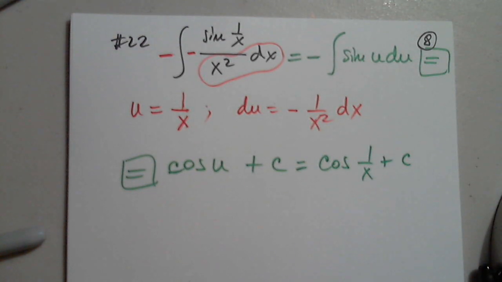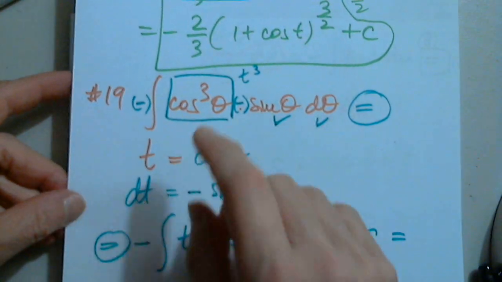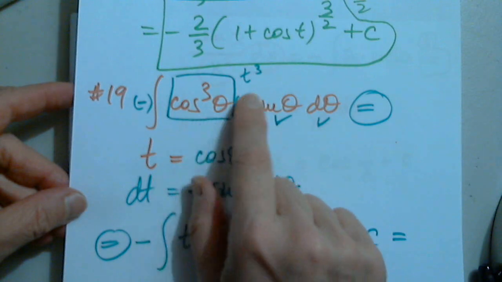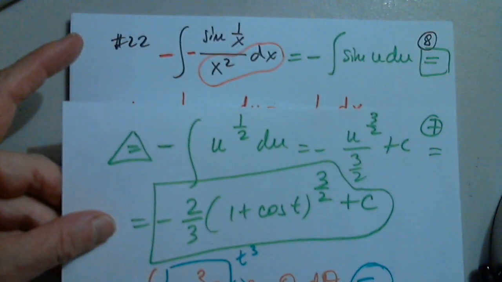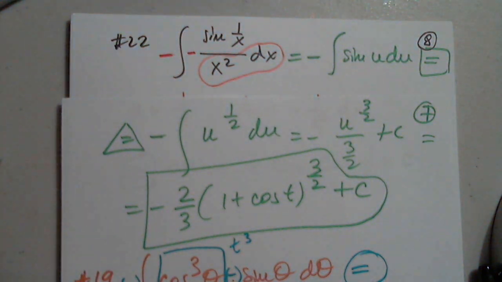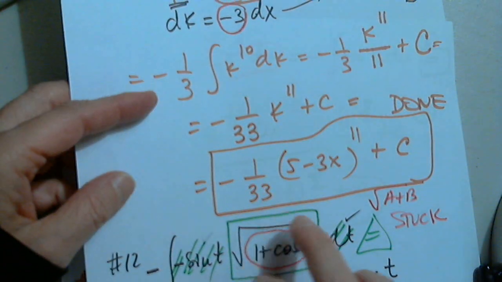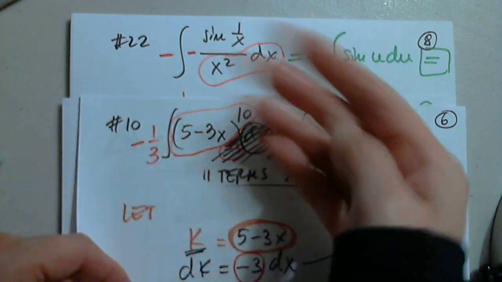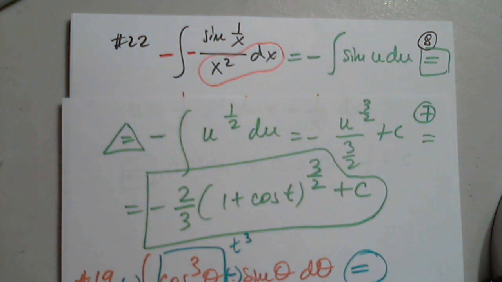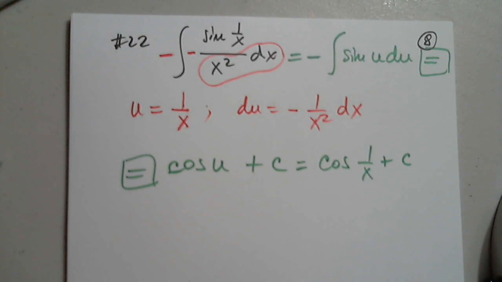Very good. So what have we learned now from this integral? From the previous one, it was the power that told us what to do. On the previous one, the hint was two terms under a power. But here the hint was a function inside the function.